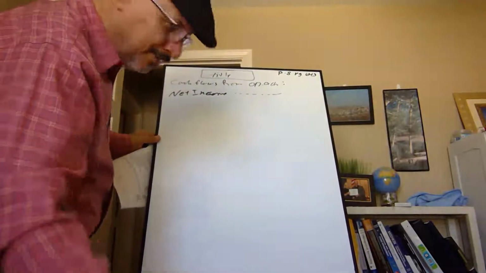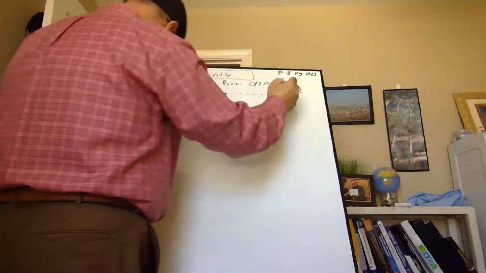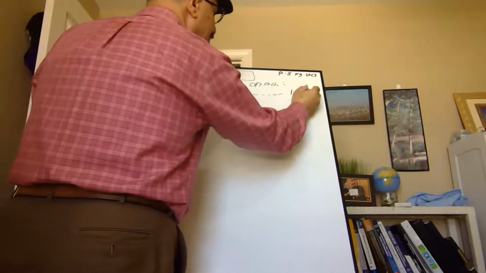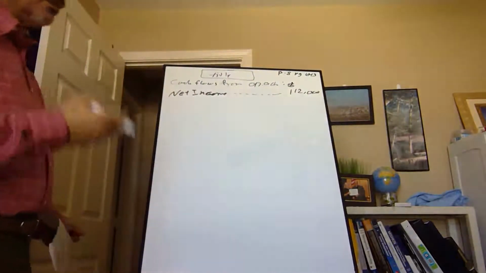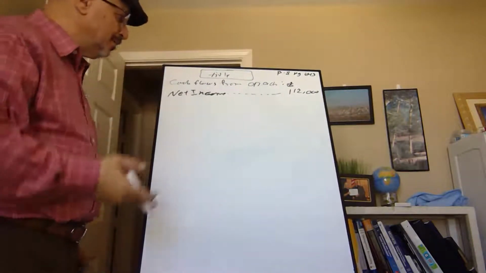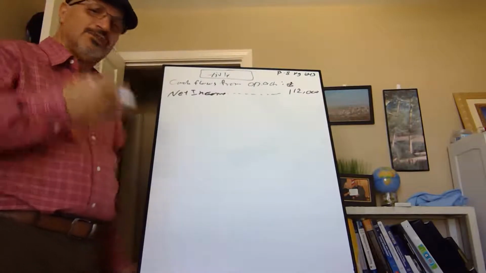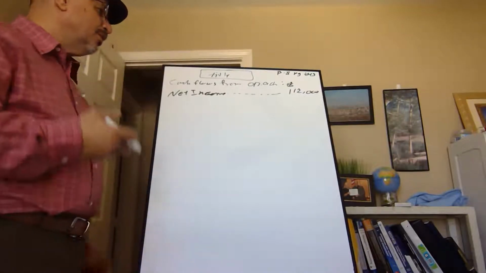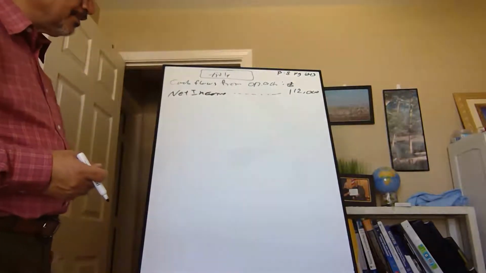$112,000. All right, now we're going to adjust that. We're going to look if we have depreciation, amortization, or depletion, which we deducted from that. We're going to look for gains and losses, and for changes in current assets and current liabilities.